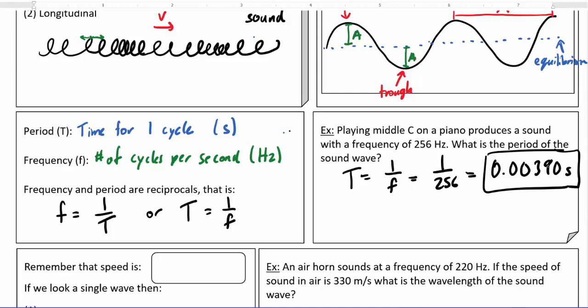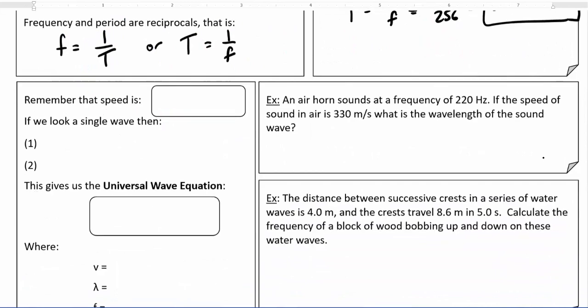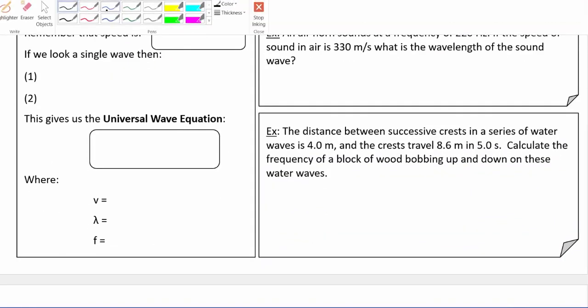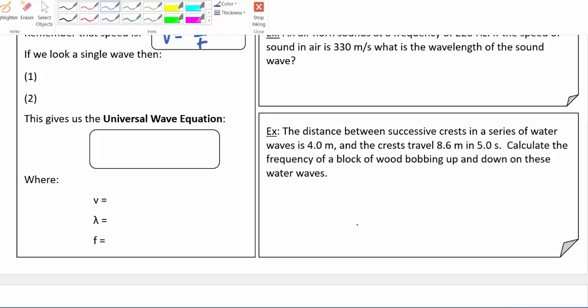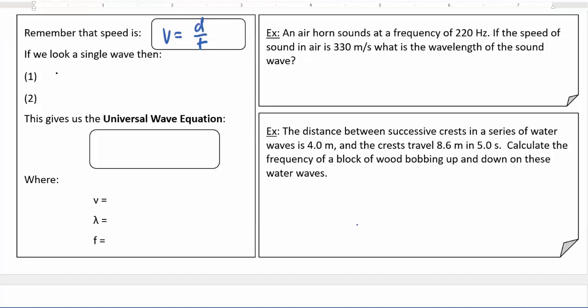Now, you remember from kinematics that the speed of a wave, the speed of anything, is just defined as distance over time. Well, if you look at a single wave, the distance traveled by a single wave would be equal to the wavelength. And the time it takes to travel would be equal to the period. And so we could convert this formula to say that speed would just be wavelength over period.